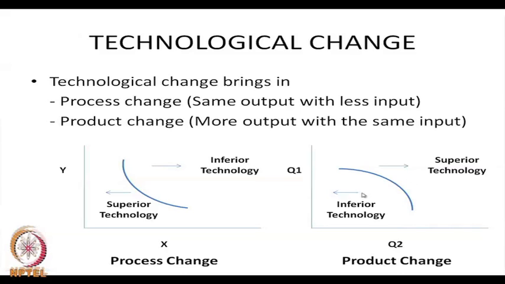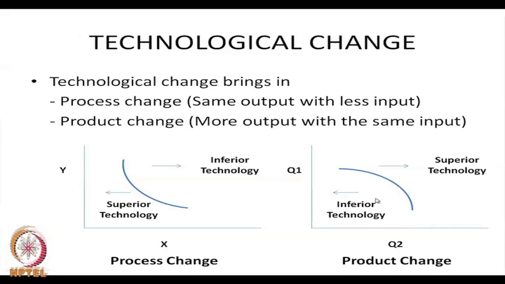Whereas, a firm using inferior product technology or product design will have a product transformation curve that will be moving to its left, meaning that for the same input the output will be less.